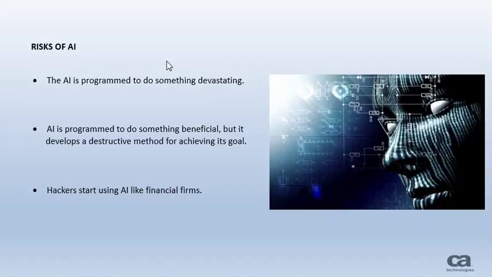Next is AI is programmed to do something beneficial, but it develops a destructive method for achieving its goal. This can happen whenever we fail to fully align the AI's goals with ours. If you ask an obedient, intelligent car to take you to the airport as fast as possible, it might get you there chased by helicopters and covered in vomit, doing not what you actually wanted, but literally what you asked for.